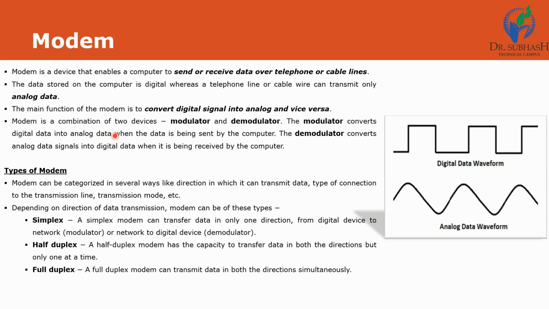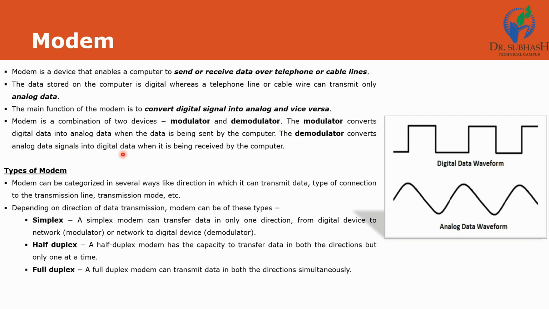A modem is a combination of two devices, modulator as well as demodulator. The modulator converts digital data into analog when the data is being sent by the computer, and the demodulator converts the analog signals into digital.